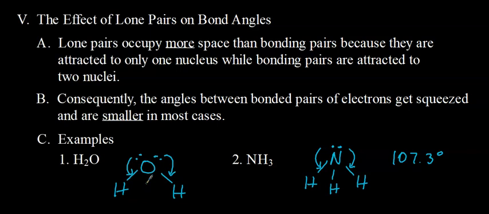So in a bent molecule such as water, bond angles are closer to 104.5 degrees. So just know when you have lone pairs of electrons on the central atom, it's going to push those bonding electrons or bonds closer together, and your bond angles are less than if there are no lone pairs of electrons on the central atom.